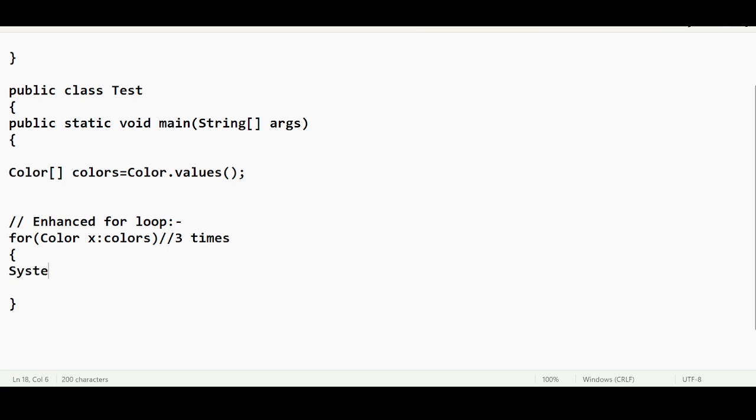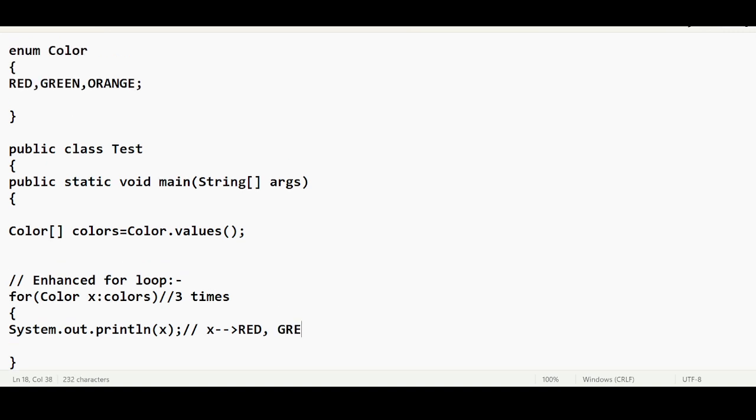Then you just print this, System.out.println. This x is a variable. For the first iteration, x is going to retrieve the value red. That will be printed. Second iteration, x is going to retrieve the value green. That will be printed.